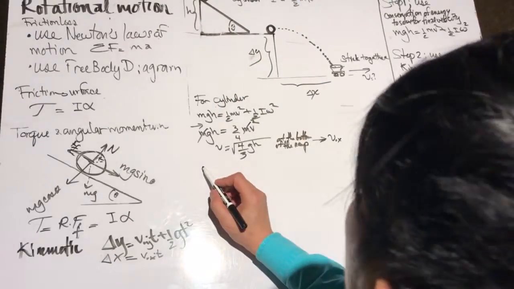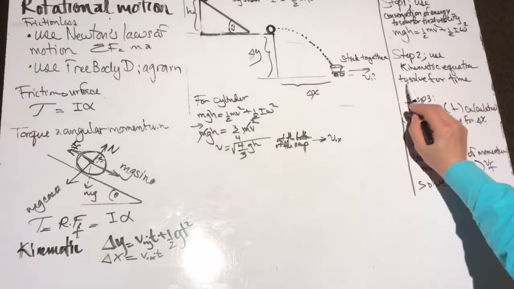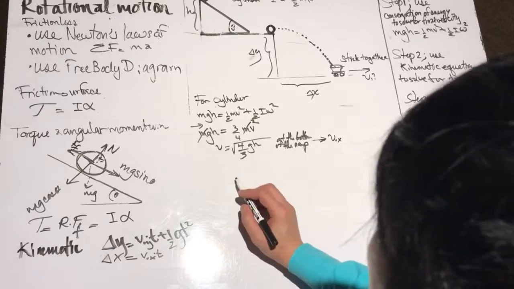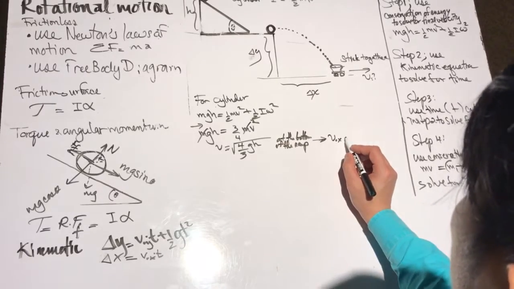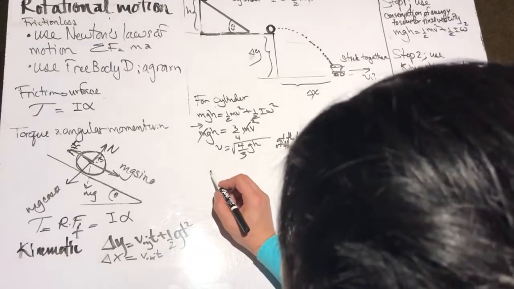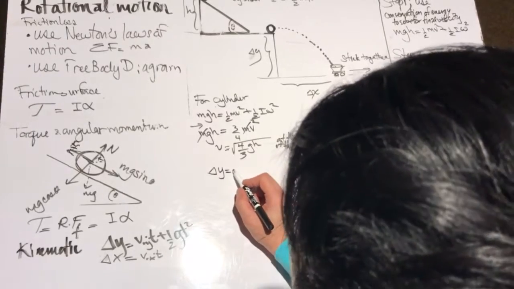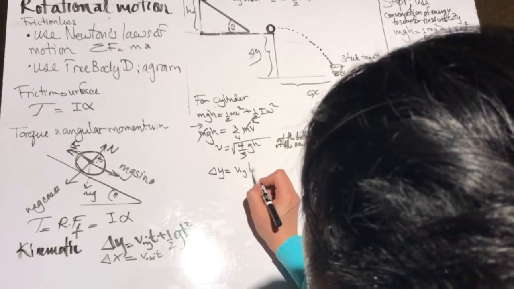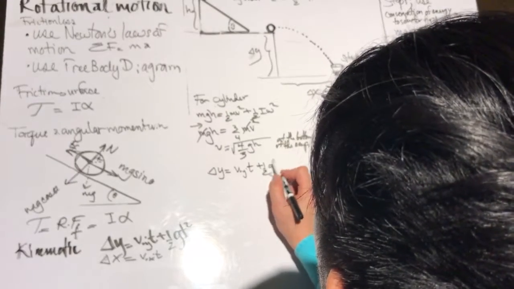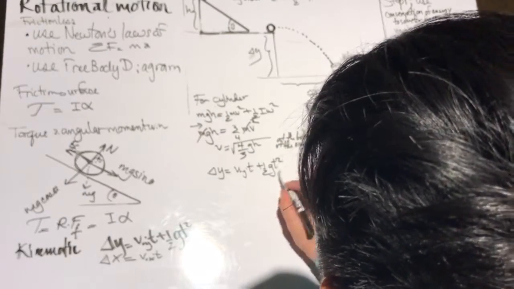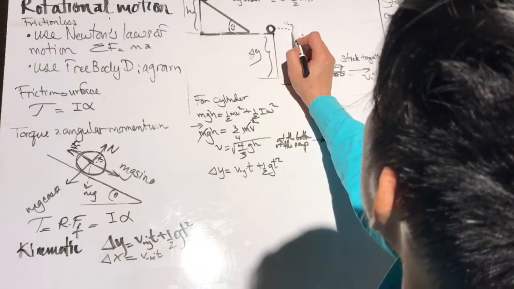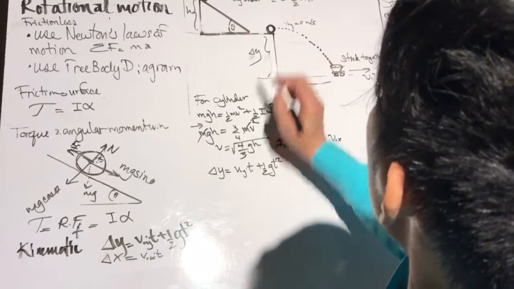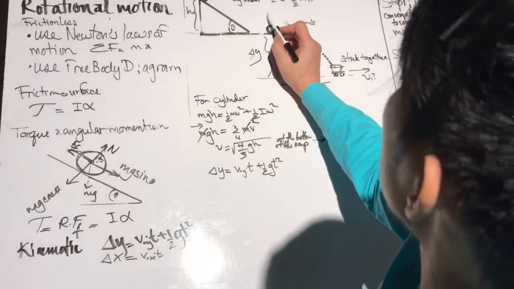Second step, use the kinematic equation to solve for the time. I'm just going to use this one. But the initial velocity in y is equal to 0 because the object isn't moving up and down initially.